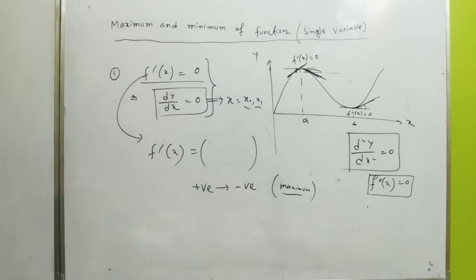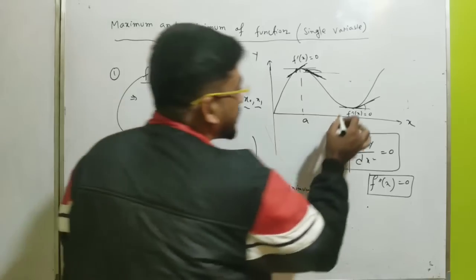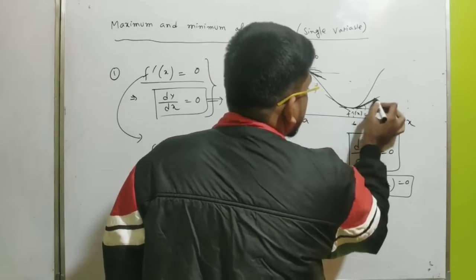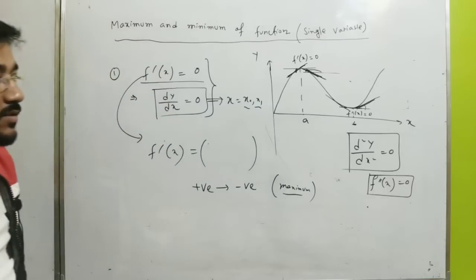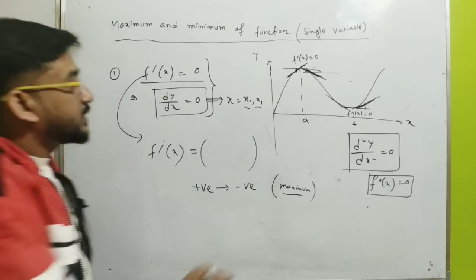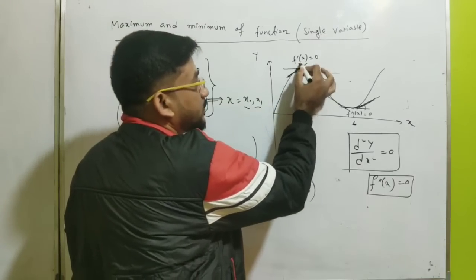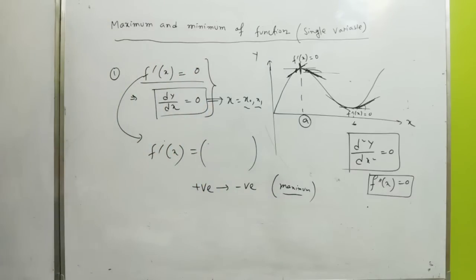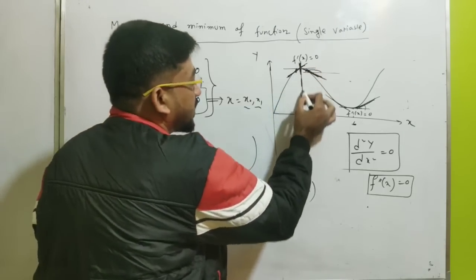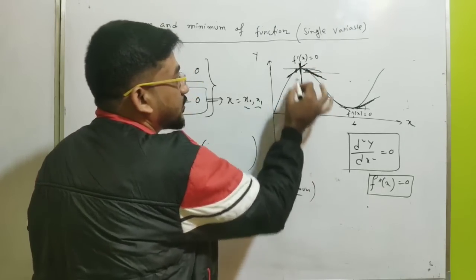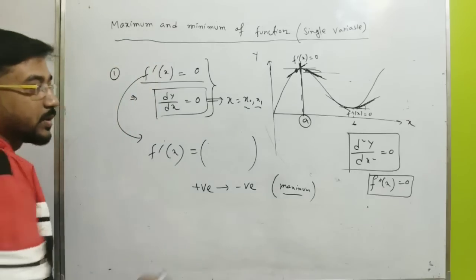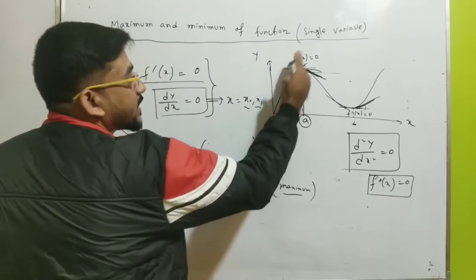And here, if f prime x changes sign from negative to positive, you can say the opposite. So we have to take neighborhood points with reference to that point where f prime x vanishes. So at the point where f prime x vanishes, we have to take two points, one here and another here. One is less than this point and another is greater than this point.